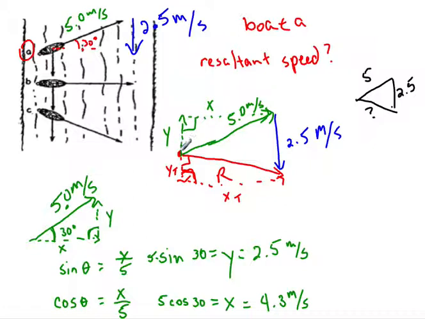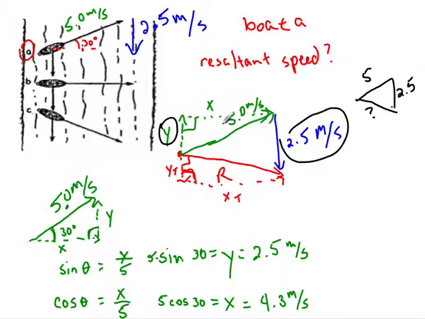But we can combine the y component of the 5 meters per second with this 2.5. It's going in the opposite direction, so we're going to subtract this y and this 2.5. We can do that.